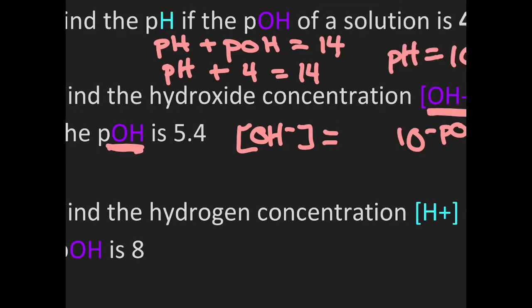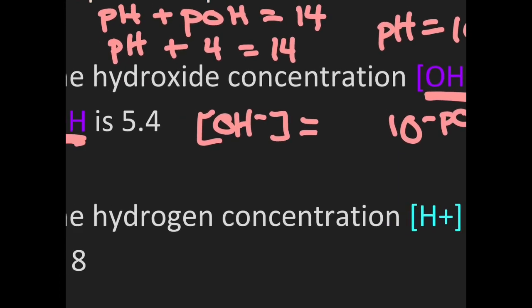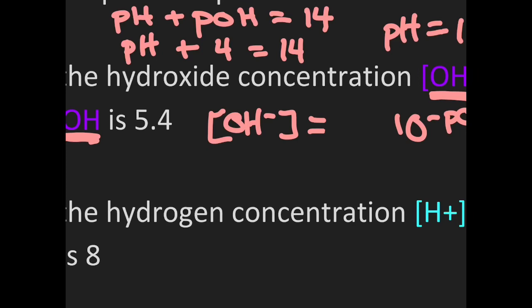So if I know my pOH, all I need to do is plug it in. Concentration of OH equals 10 to the negative 5.4. Once I plug that into my calculator, I find that the OH concentration is equal to 0.12345 molarity.